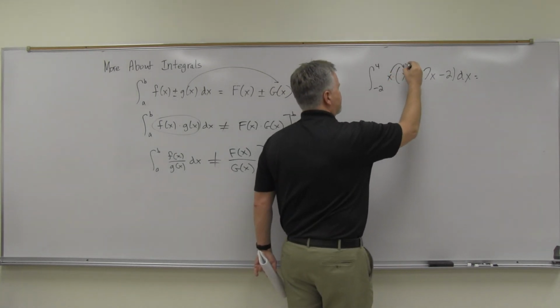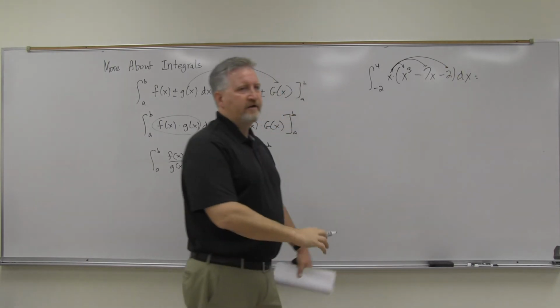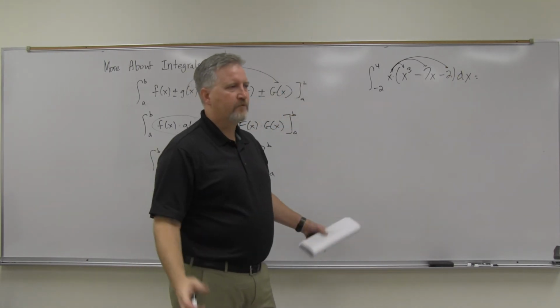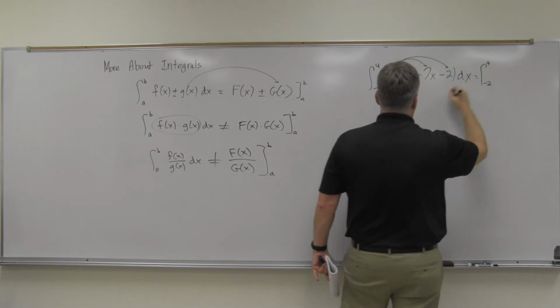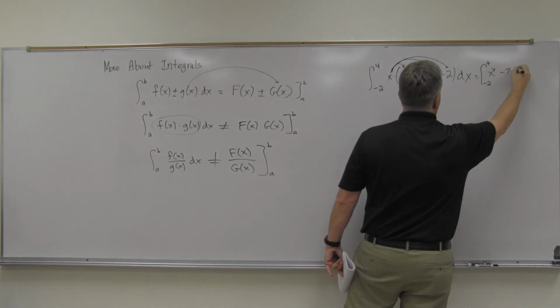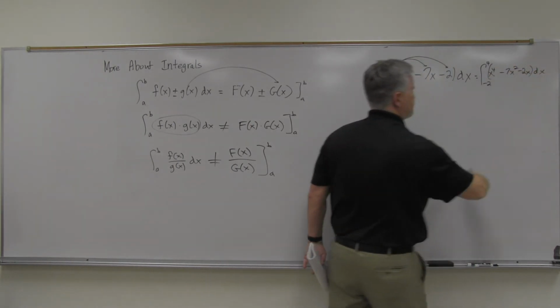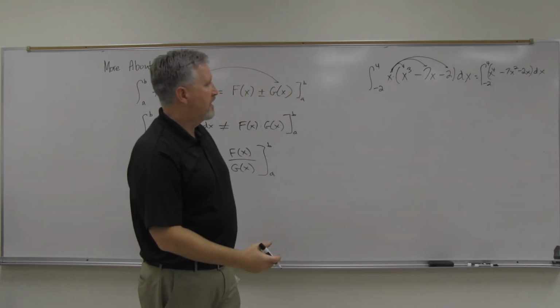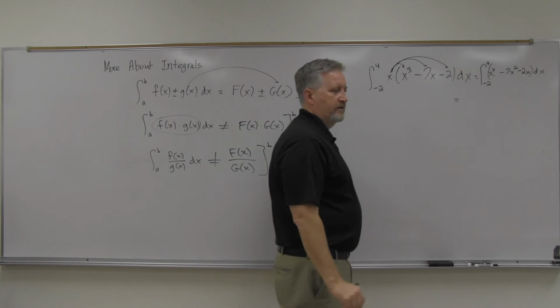So get rid of the multiplication by distributing in this case, or if you have to FOIL or whatever, go ahead and do that. So it'll be x to the 4th minus 7x squared minus 2x dx. So you don't have the multiplication now.